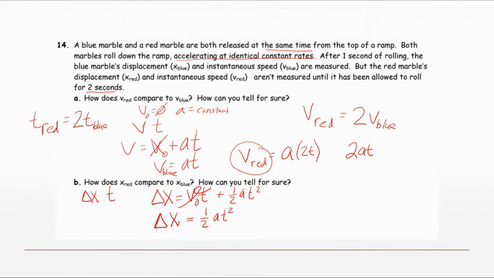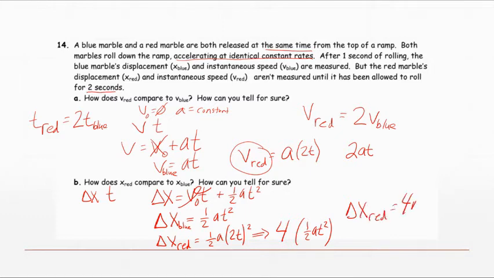This is the position for blue. The position for red is 1/2 a 2t squared. So we end up getting 4 times 1/2 a t squared. Using substitution, that tells me that change in x for red is equal to 4 times the change in x for blue.